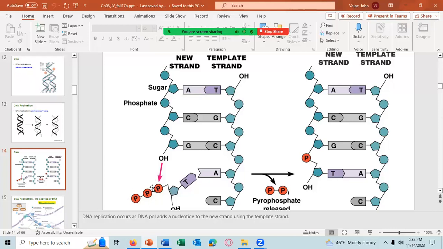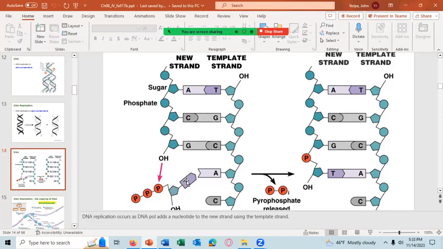When the 2 phosphates are removed, that energy is used to finalize the reaction, which will link this phosphate to this sugar to form the covalent bond between the phosphate and the sugar.